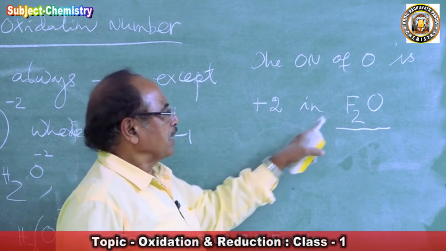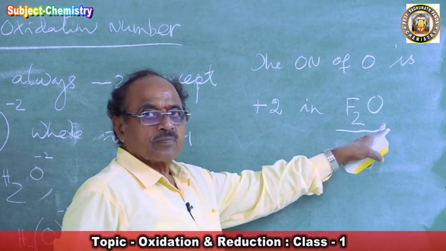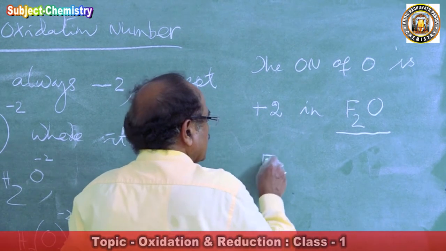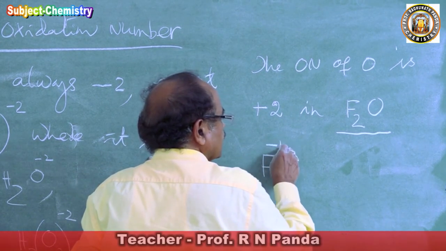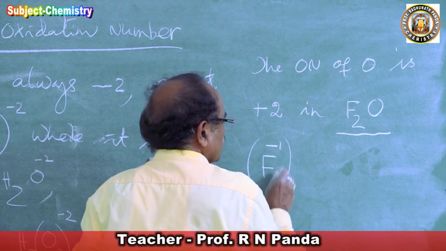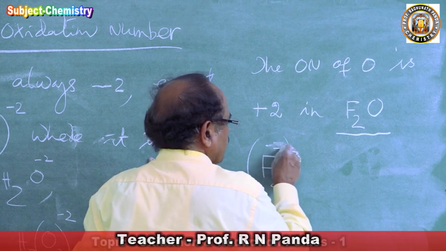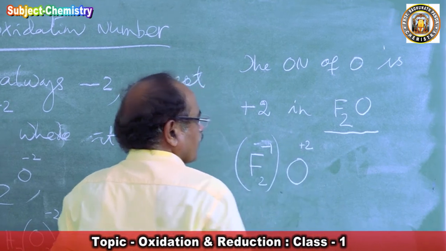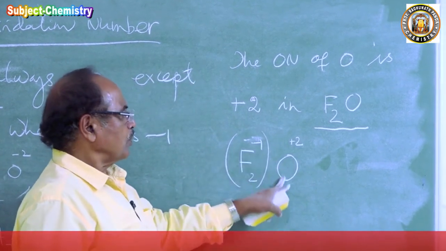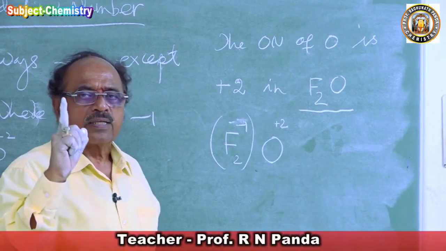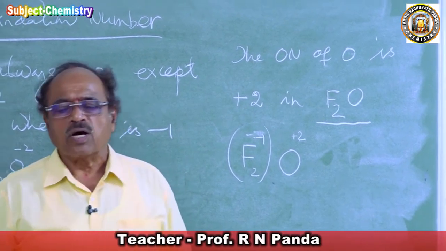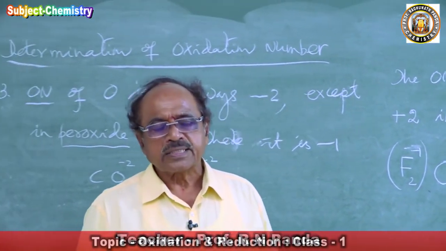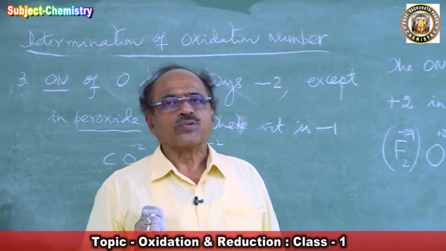So here it is written F2O, but here fluorine is -1. So we have 2 fluorine, so we have -1 into 2. So here oxygen is +2. So 2 fluorine -2, oxygen +2.